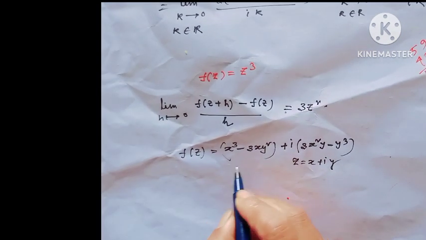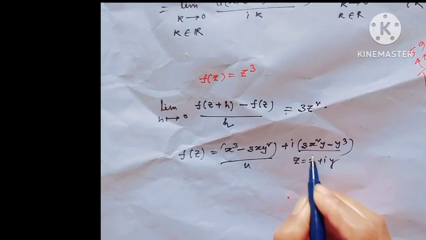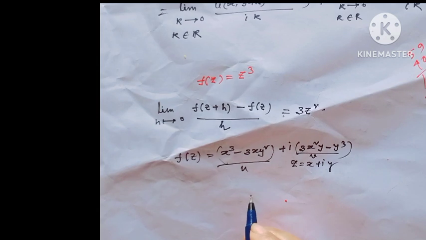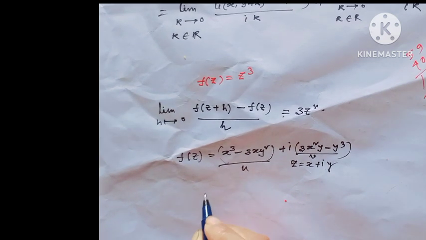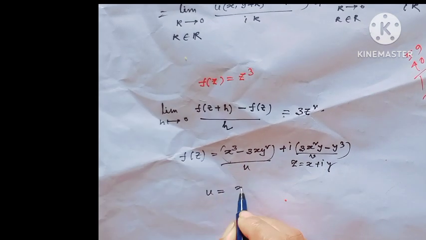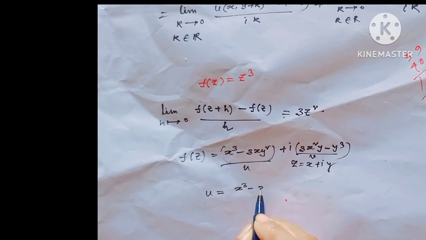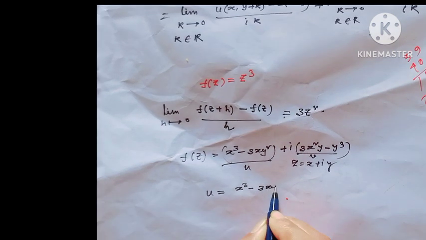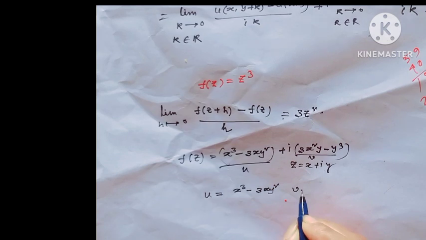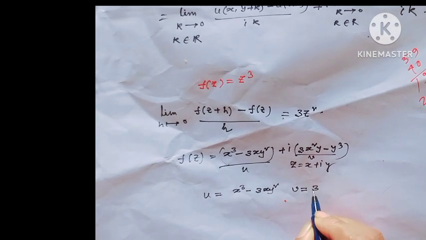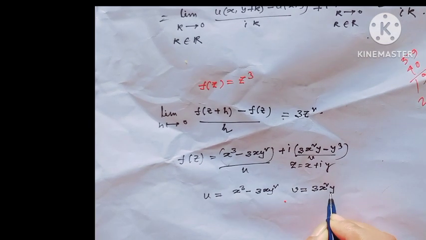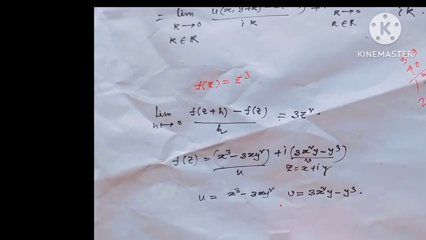Then this part is u and this part is v. This is u plus iv, where u equal to x cube minus 3xy square and v equal to 3x square y minus y cube.